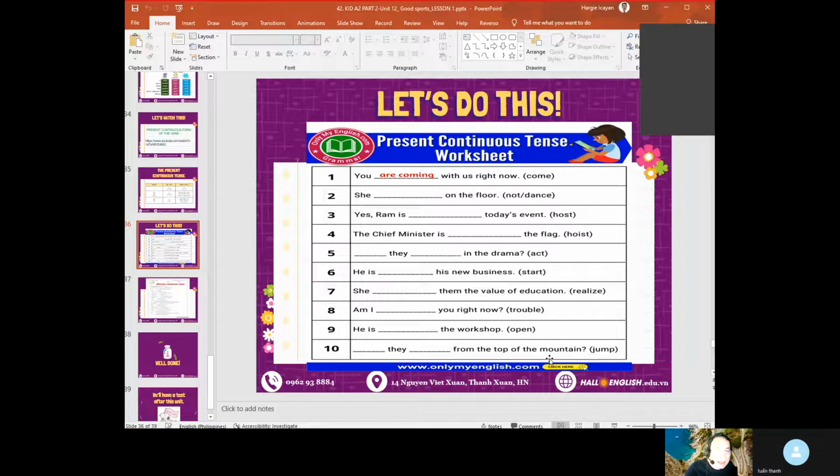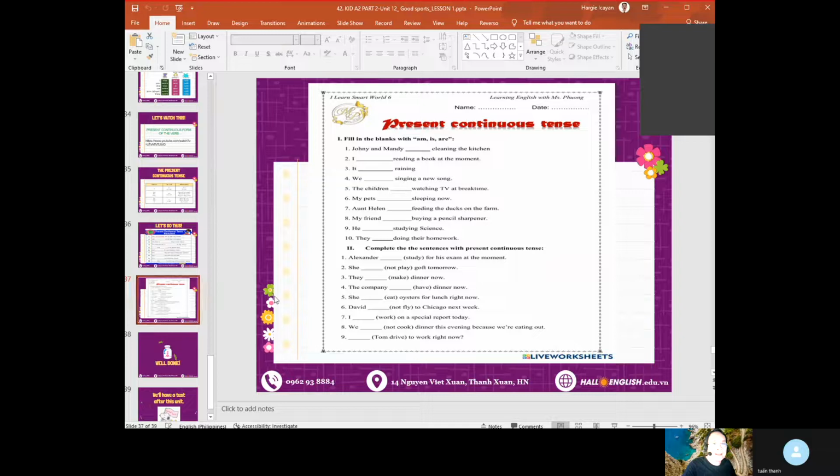Make it a little bit higher, because that's a question mark. So, are they jumping from the top of the mountain? So that is how you're going to do it. Okay, V? Okay, next.